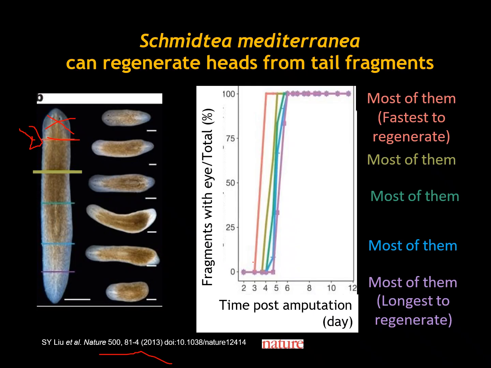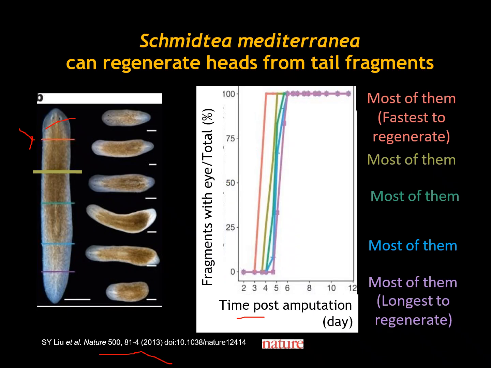That was the first part that regenerated. Time post amputation, they regenerate fast because it was the fragments with high total percentage. So this one was the one that regenerated the fastest.